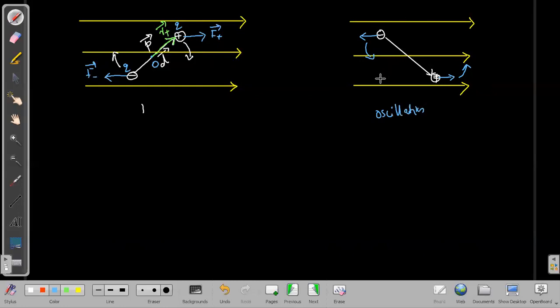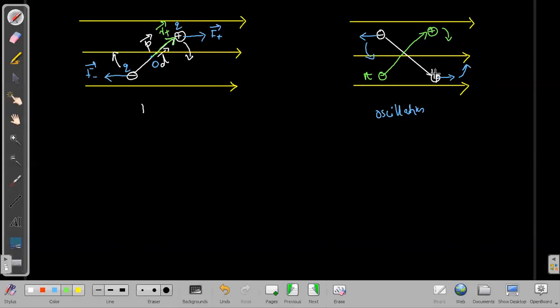Initially the molecule was along this direction. From here it rotated like this, reached this position, then it will go back to the original orientation. So it will start rotating between these two orientations, so it will undergo an oscillation.